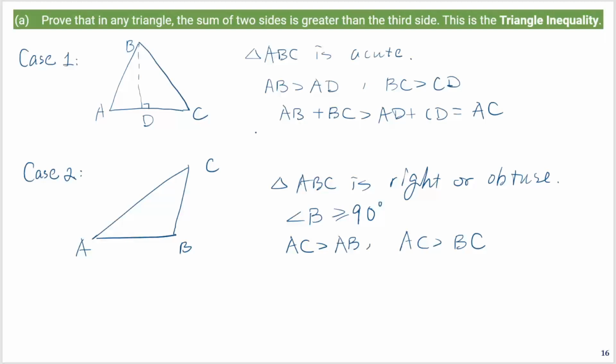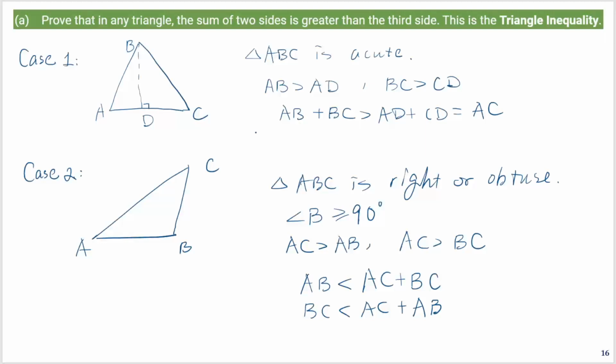So we definitely have AB is smaller than AC plus BC, and BC is smaller than AC plus AB, which is much simpler than the first case, right? So all we have left here is to prove AC is less than AB plus BC, right?